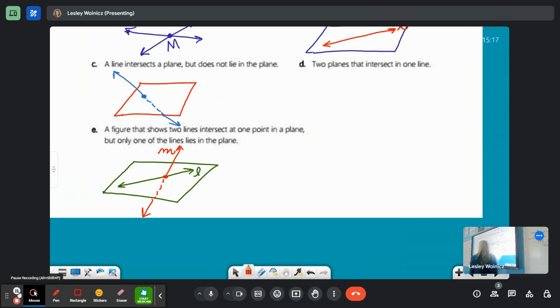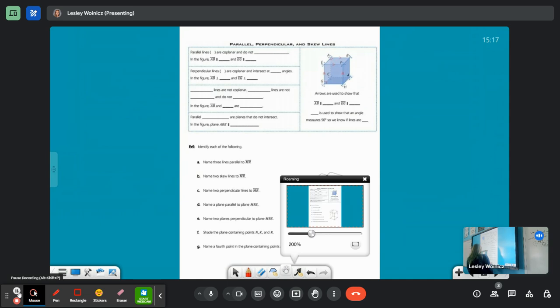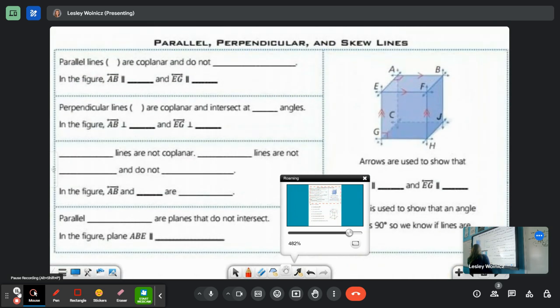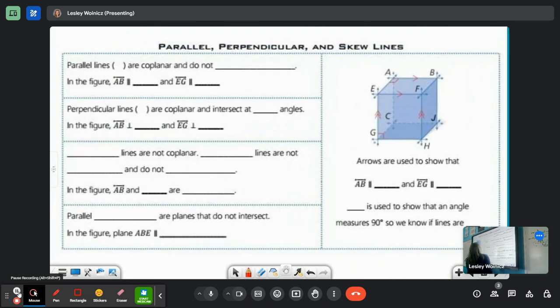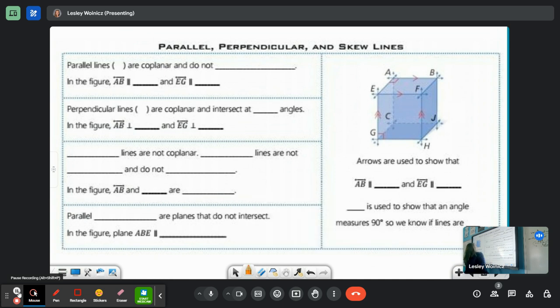All right, next. Oh, these are kind of fun. Okay, we have a fun symbol for parallel. The symbol for parallel is just two little parallel lines. Like that.